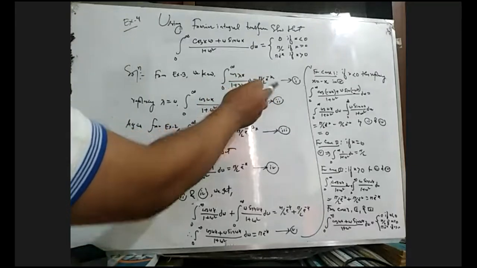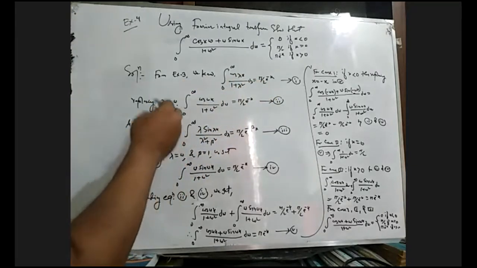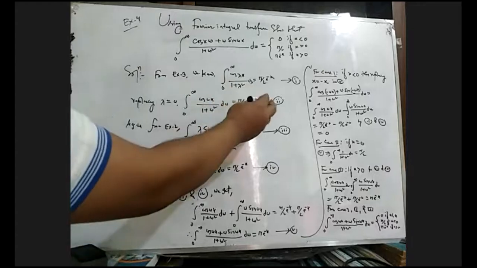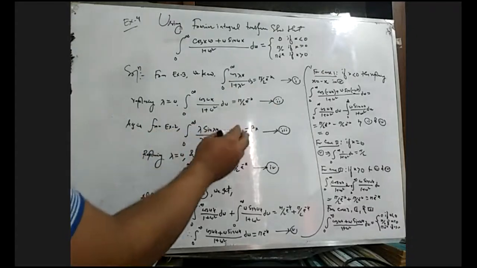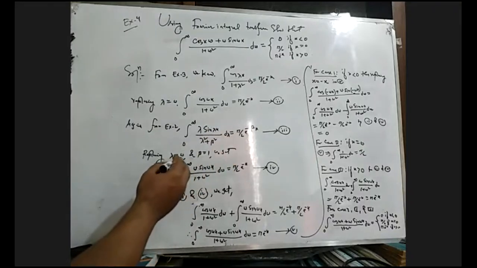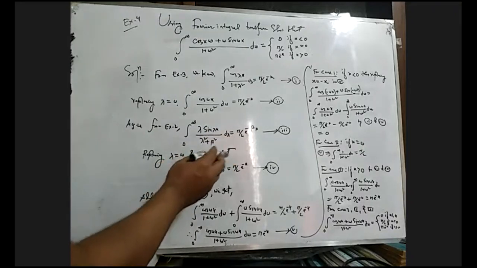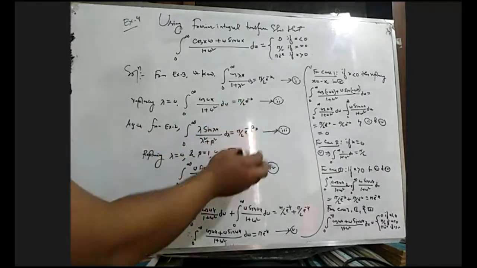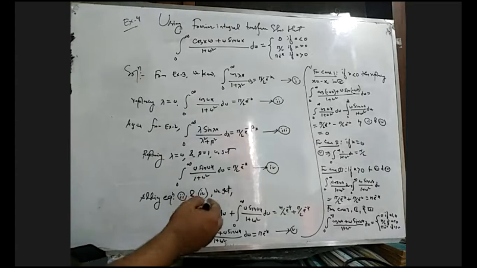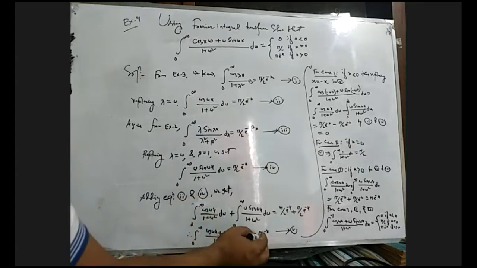This is equation number 1; replacing lambda with omega, we get equation number 2. And from example 2, we got this result, and after replacing lambda with omega and beta with 1, we get this one. Adding equations 2 and 4, we get pi into e to the power minus x.